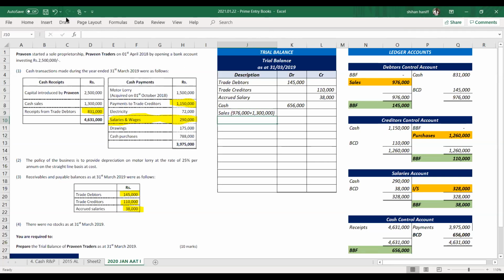So we will record the total sales. So total sales, 976,000 plus 1.3 million is 2,276,000. That is the total sales.